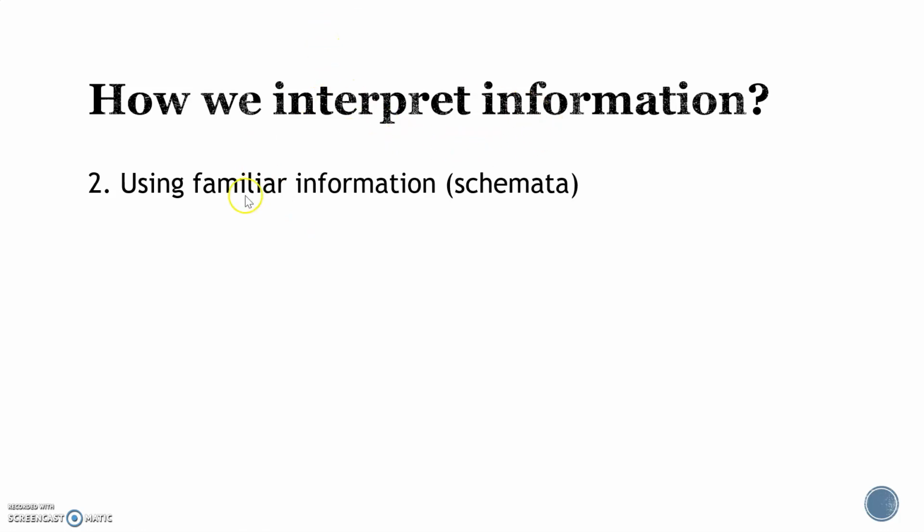That is the second way for us to interpret information, by using the schemata, by using our knowledge, something we are familiar with. Specifically, there are four types of schemata we commonly use to make sense of the information.